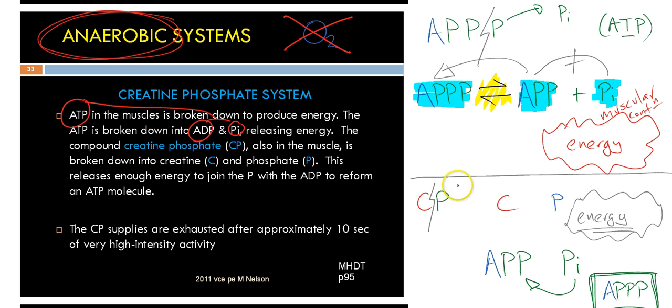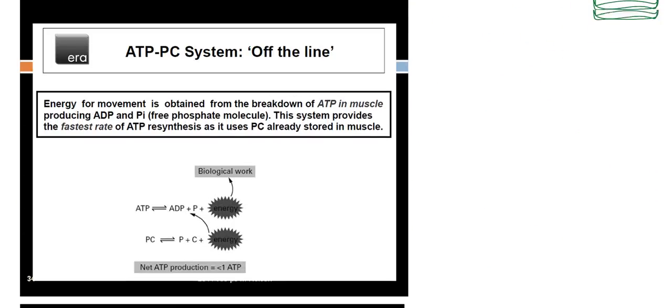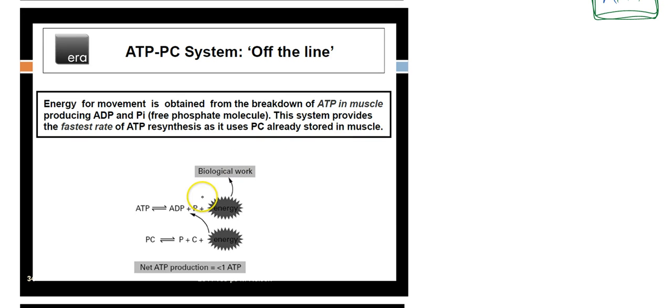So again, here, our creatine and phosphate split, leaving the creatine and a phosphate, and the energy that's released from that split is enough to rejoin the inorganic phosphate with the adenosine diphosphate, resynthesizing 1 ATP. So if we look at it from the slide, here we'll see ATP, the process which can be working in either way.